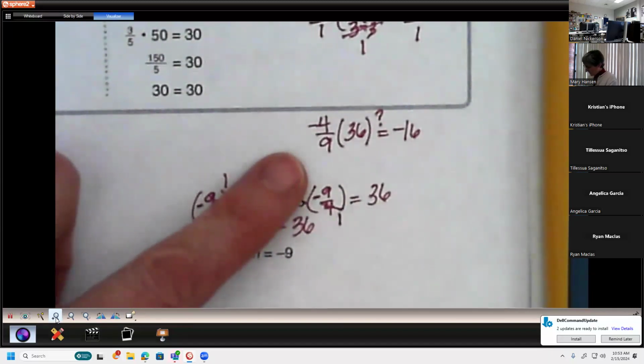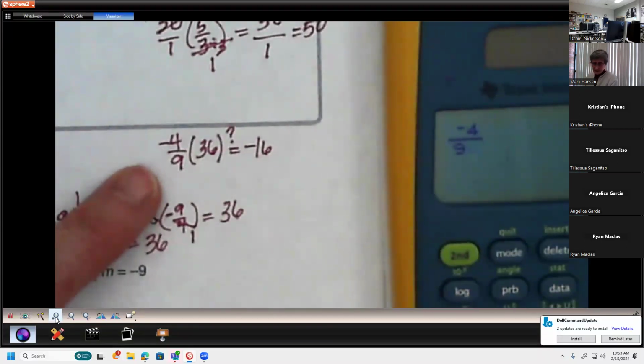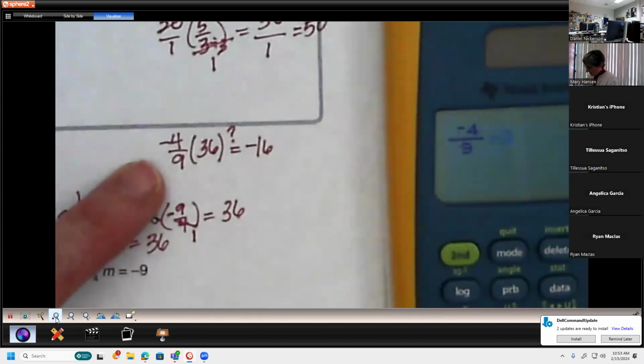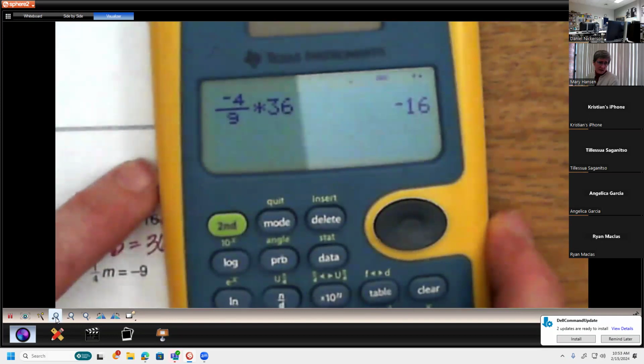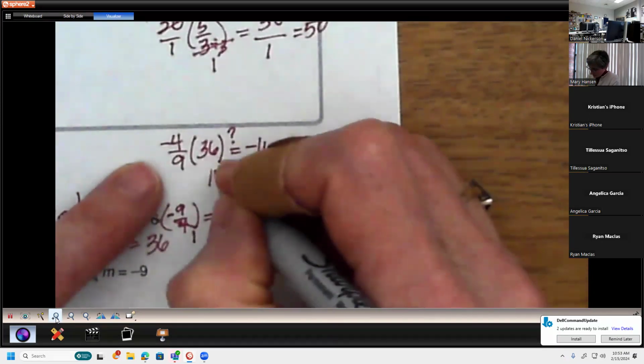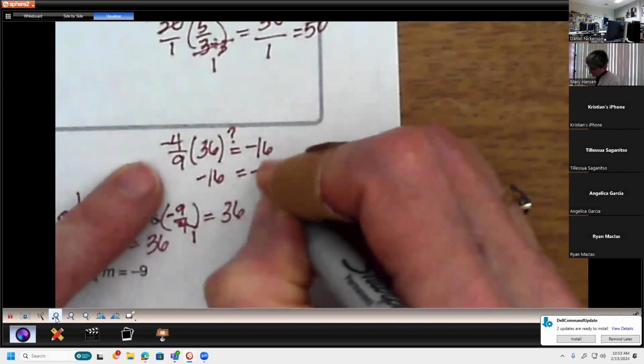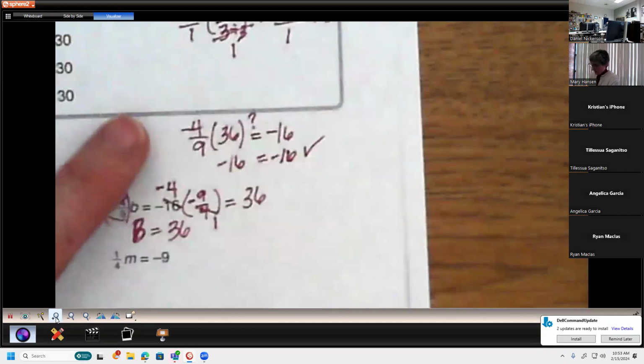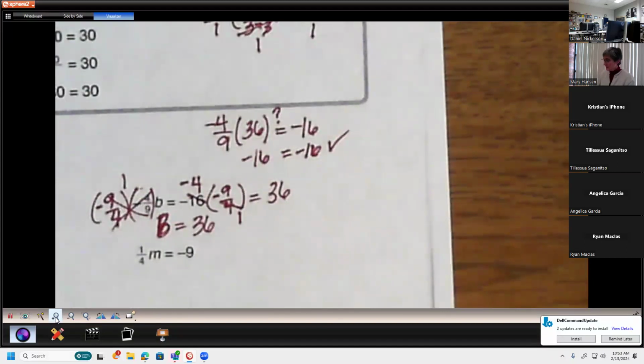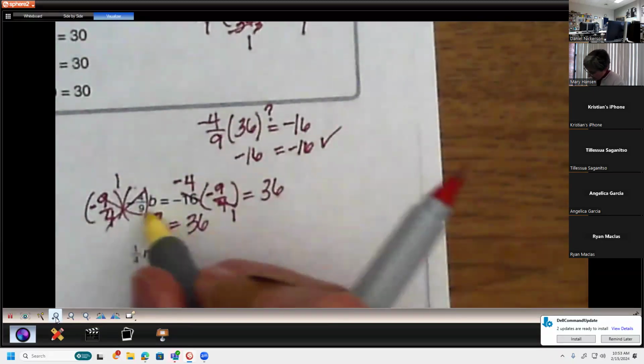I do a fraction, -4 on top, 9 on the bottom, times 36, equals -16. And so this is true. And that means that my answer of B equals 36 is correct.